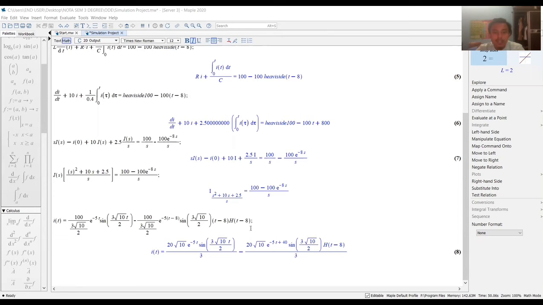t minus x, and we get the value, which is I(t) equal to 20 square root 10 exponential to the power of negative 5t sine in the bracket 3 square root 10 over 2 t divided by 3, minus 20 square root 10 exponential to the power of negative 5t plus 40 sine in the bracket 3 square root 10 over 2 Heaviside t minus x over 3.